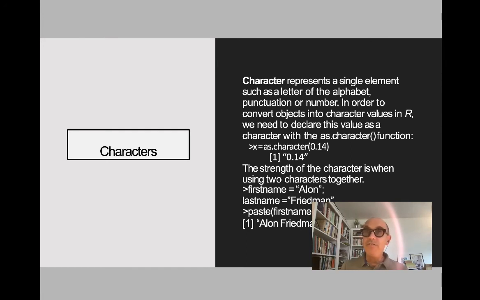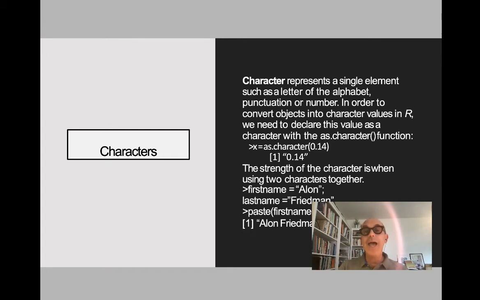Another form of data collection or data display in R is the character. It represents a single element, such as a letter of the alphabet or a number. In order to convert an object into a character value, we are going to use the function called as.character, and it will display it as it is.